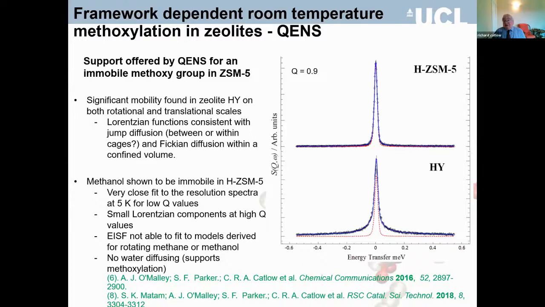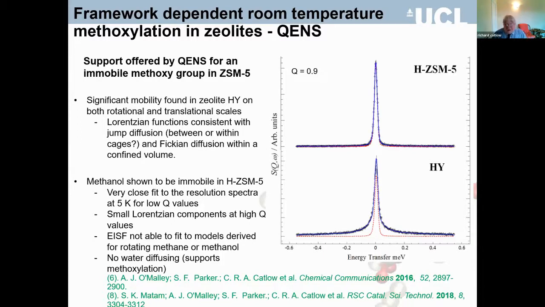If you look at the ZSM5 spectrum, the broadening is in fact attributable entirely to instrumental factors. There is no QENS. At the qualitative level, that indicates there's no diffusion, which is consistent with the fact that it's reacted and the CH3 group is now bonded to the zeolite.